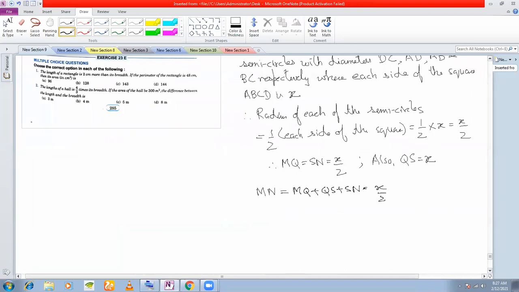MQ is x by 2, QS is x, and SN is also x by 2. So how much is this? If you take the LCM, x plus 2x plus x, which is 4x by 2, which is simply 2x. So MN we have got as 2x.